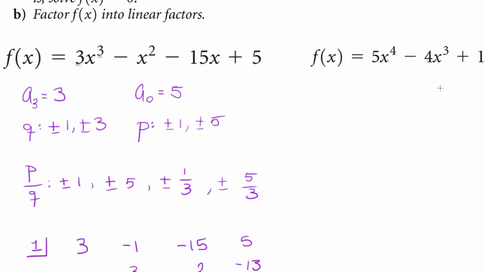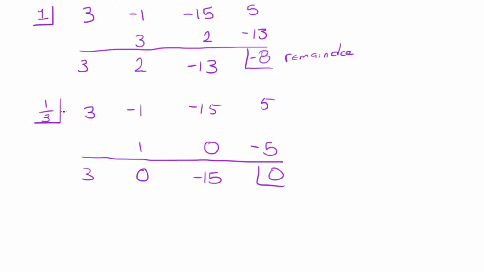Now, I'm going to factorize f of x using this new 0. So f of x equals 3x cubed minus x squared minus 15x plus 5.